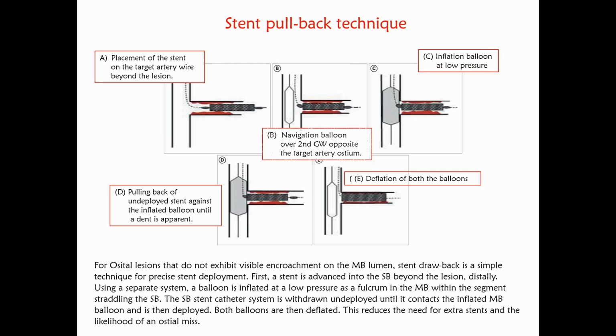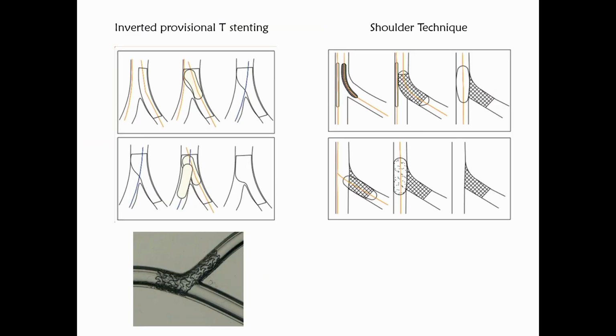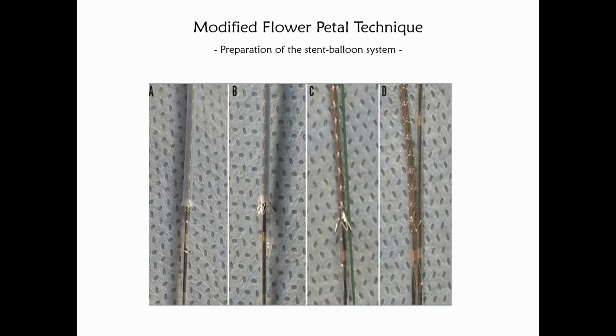We have the stent pullback technique, the nano-crushing technique, and the inverted provisional T-stenting technique, maybe only for 0,0,1. The shoulder technique and the modified flower petal technique.